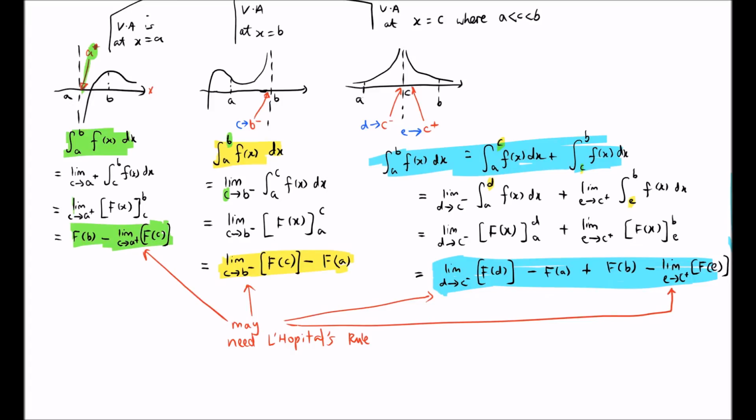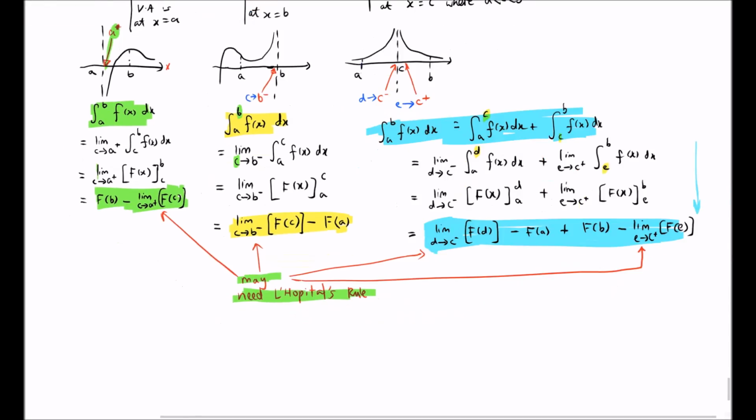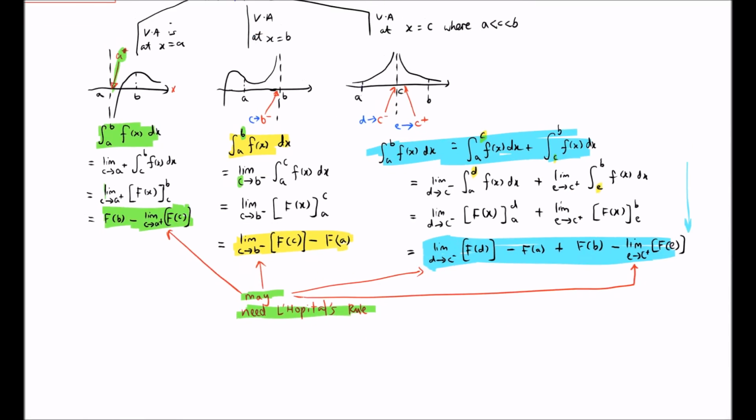So we need to use L'Hopital's rule. So another thing is, similarly, we have to investigate each limit. If the limit exists, then the improper integration will give a value. Now if the limit does not exist, then we say the improper integration is divergent.